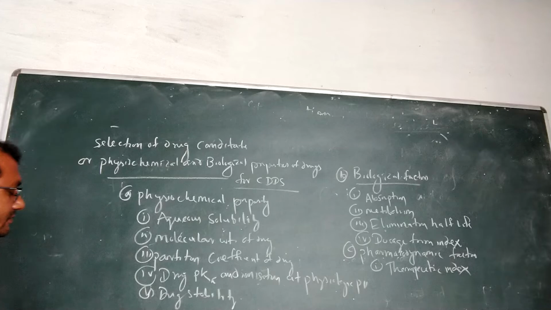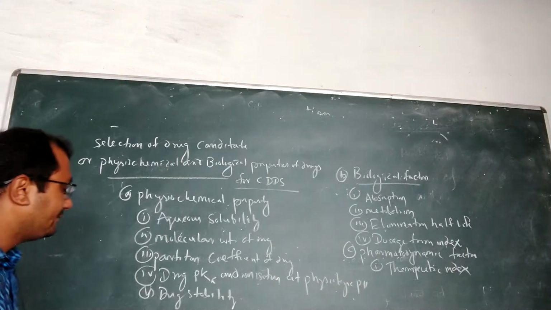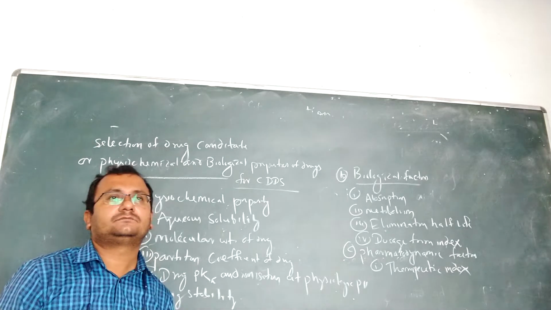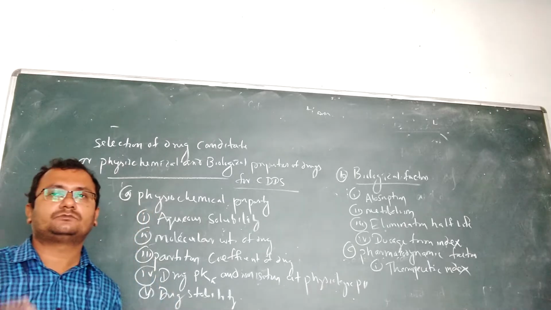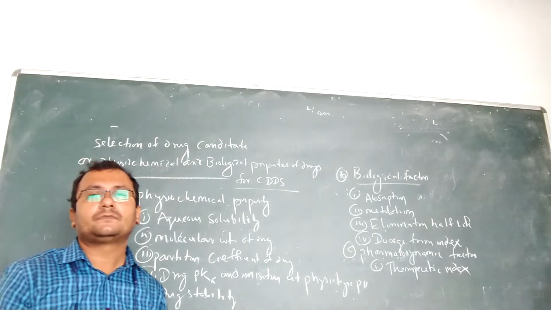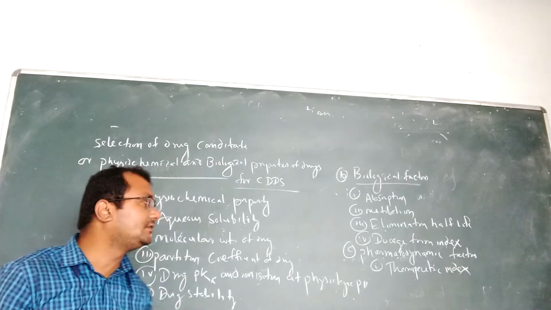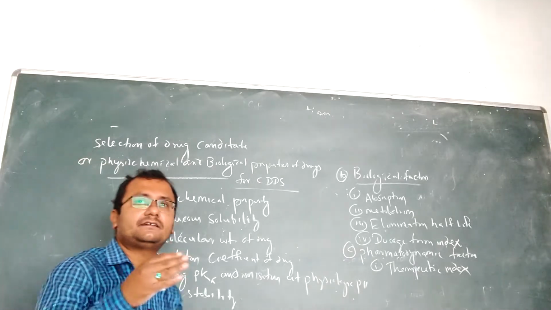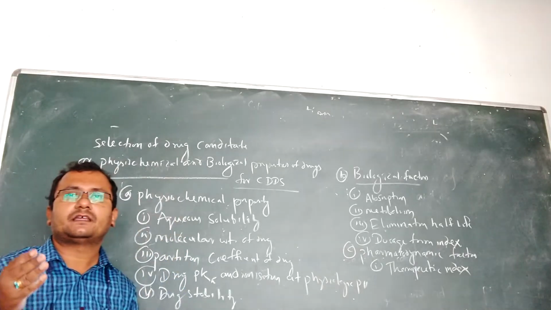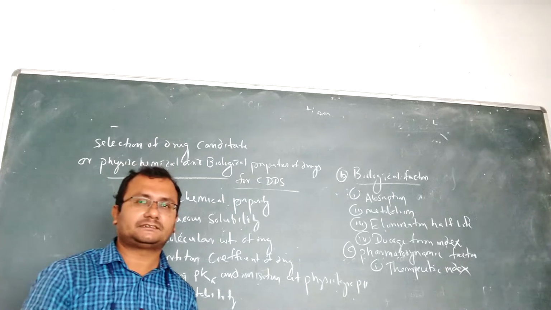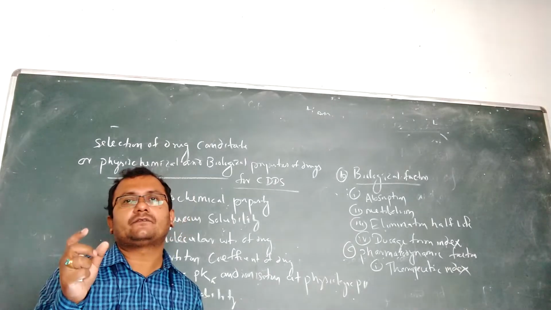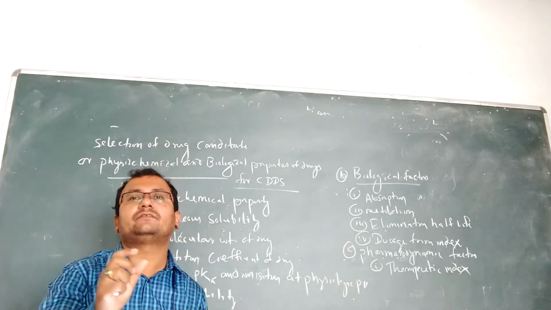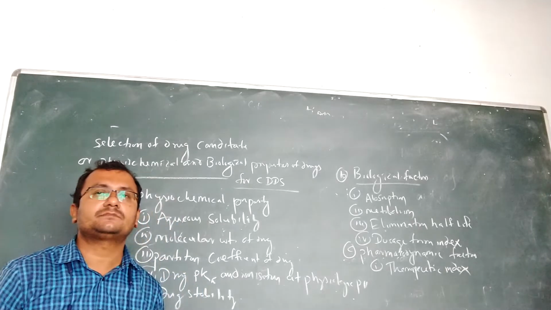The first one, aqueous solubility. If the drug has good water solubility, or it is a water soluble drug, then definitely it will dissolve very fast and it will absorb very fast. So this type of candidate is generally suitable for controlled drug delivery systems.